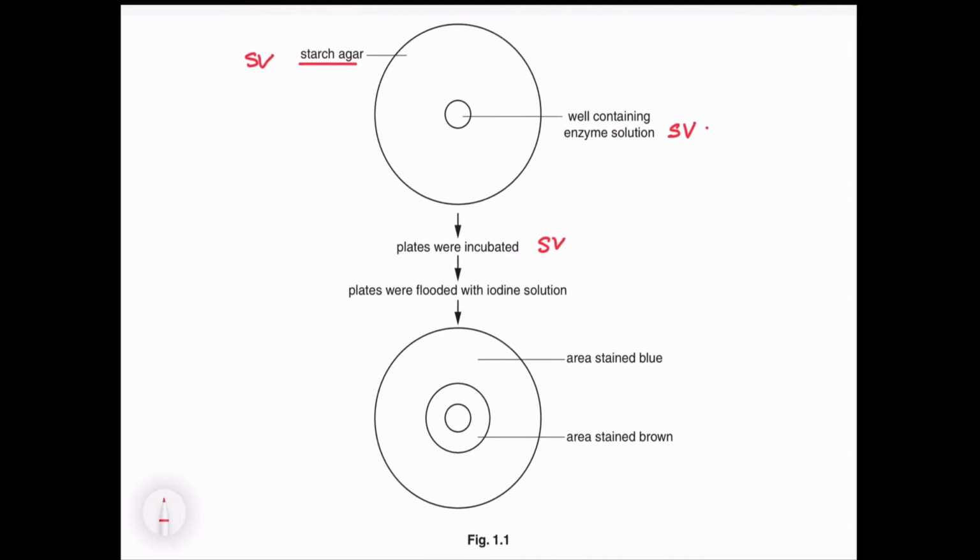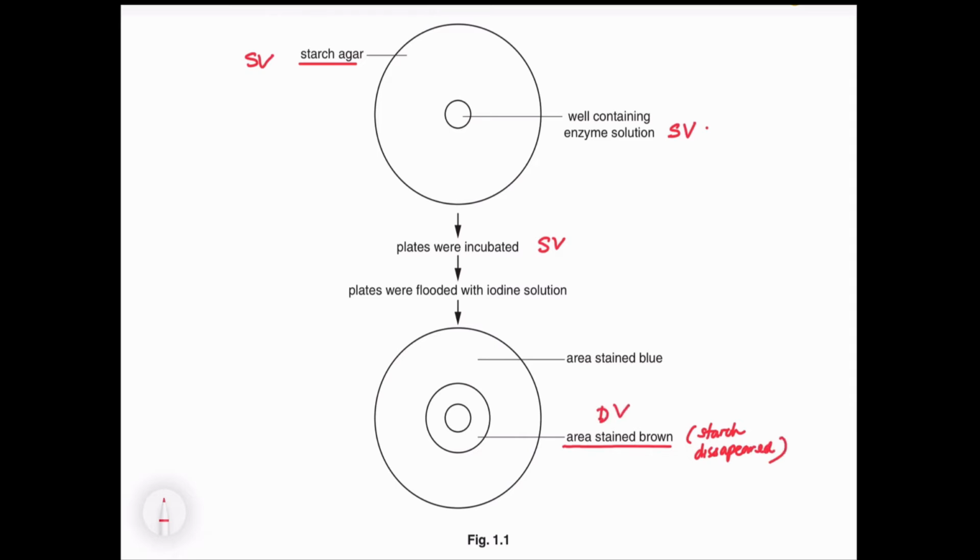And as I flood the plate with iodine solution, some students might think that this is necessary to standardize the volume as well. But if this experiment is meant to judge color change, then the volume or the concentration of starch solution will be important, but not in this case, because by looking at the result, I would know that most likely the area stained brown, which indicates that starch has disappeared, will be my dependent variable.